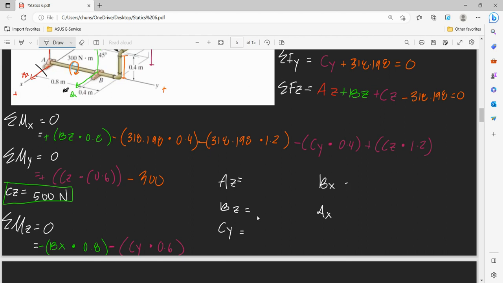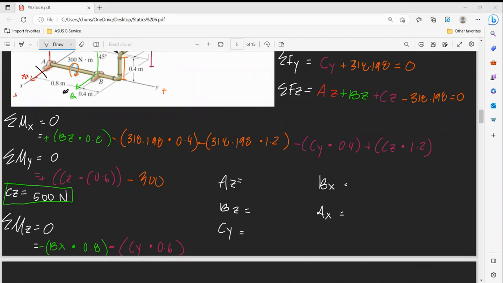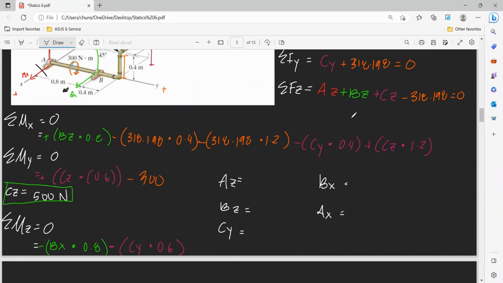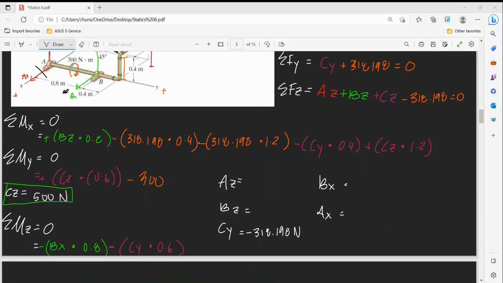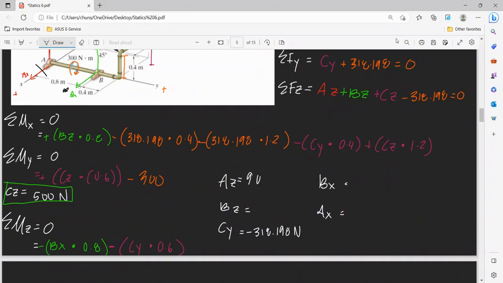So do this on your own and see if you get these answers. Okay, so CY is negative 318.198. That should be easy enough to solve. BZ is 90.902 newtons.